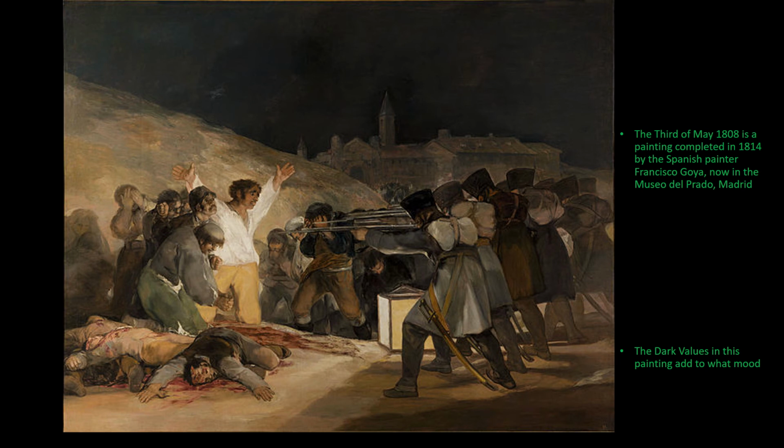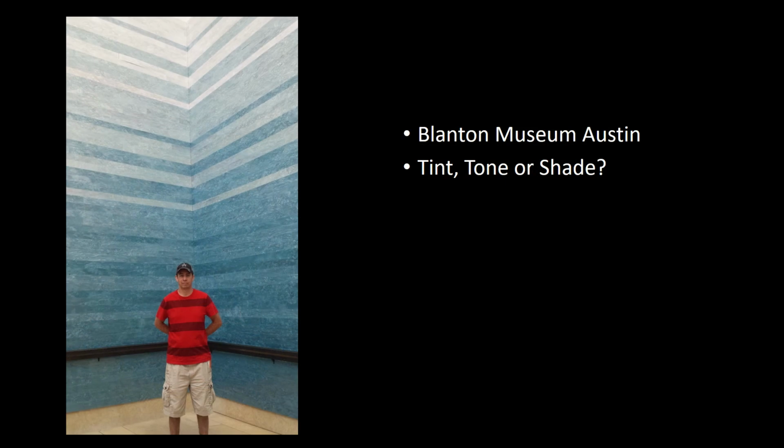Again, recognize if it's made with tints, tones, or shades, and which one dominates the work of art. Take a moment to realize what's going on in the picture and how it makes you feel. If you need a historical lesson, look up the 3rd of May to learn more about it. This is the Black Museum in Austin, an installation work of art in the walls. What do you think? Tint, tone, or shade?